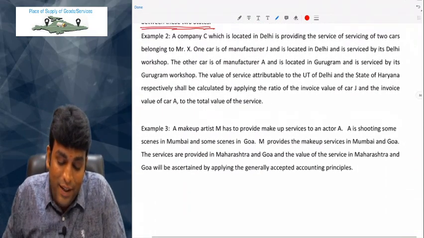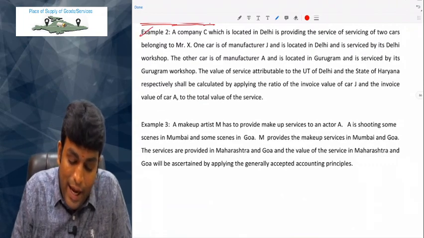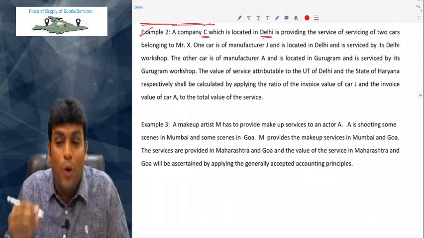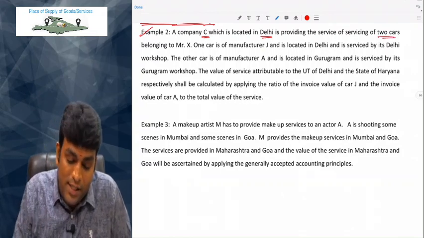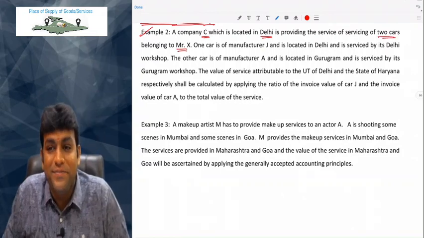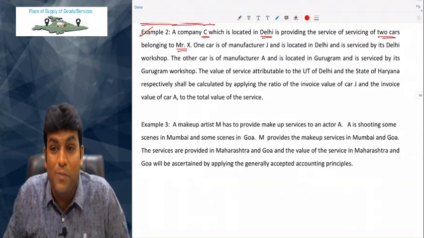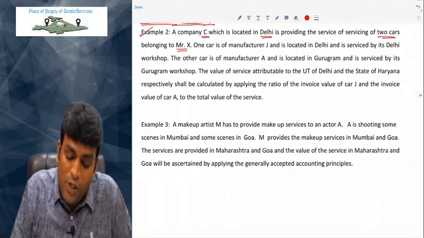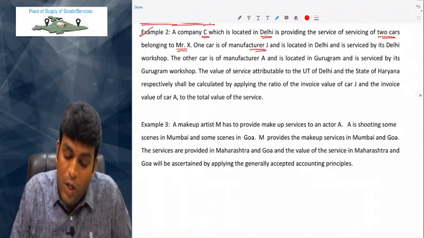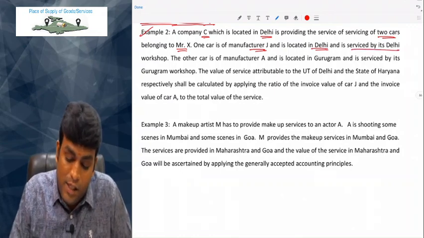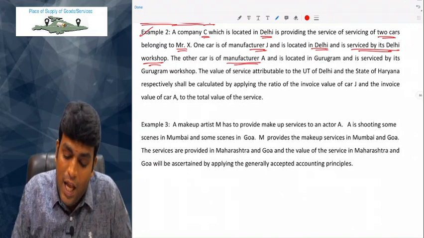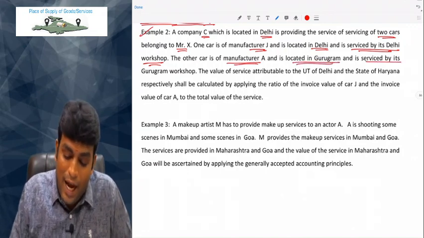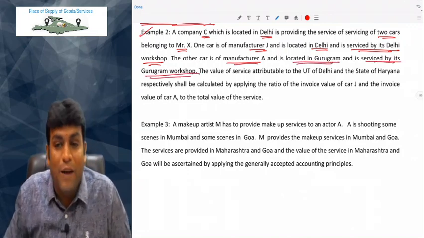See one wonderful example I gave. A company C, which is located in Delhi, is providing servicing of 2 cars belonging to X. One car is of manufacturer J, located in Delhi, and is serviced by the Delhi workshop. The other car is of manufacturer A, located in Gurugram, and is serviced by its Gurugram workshop.